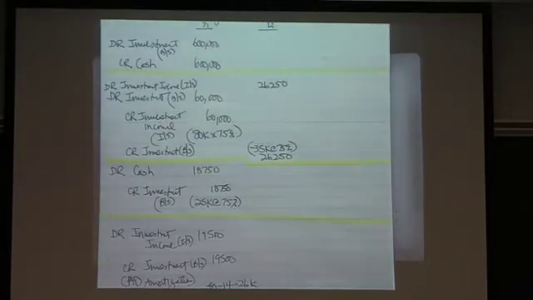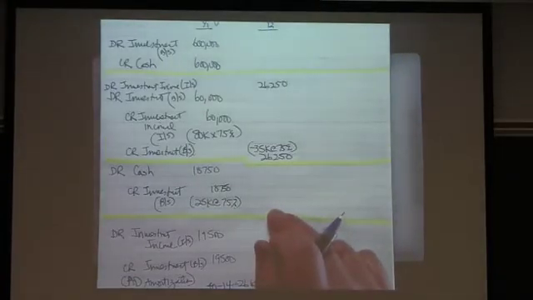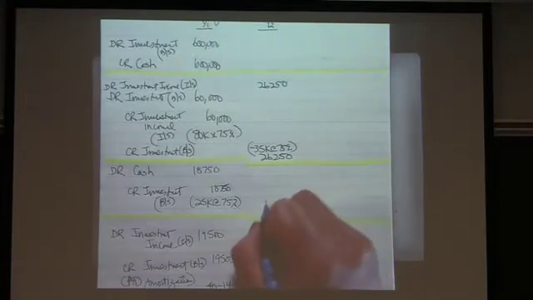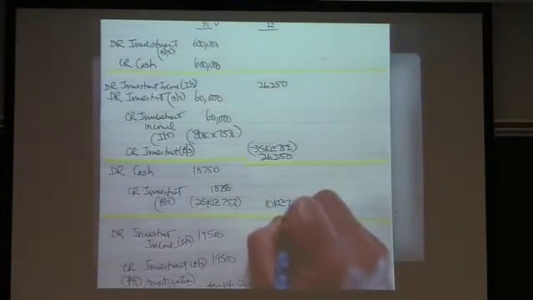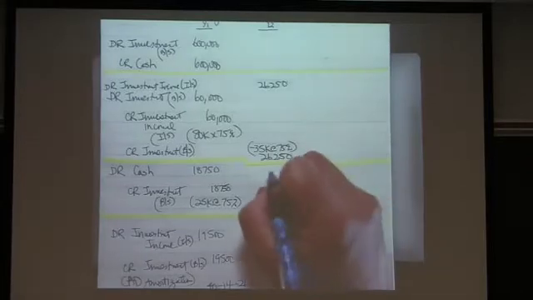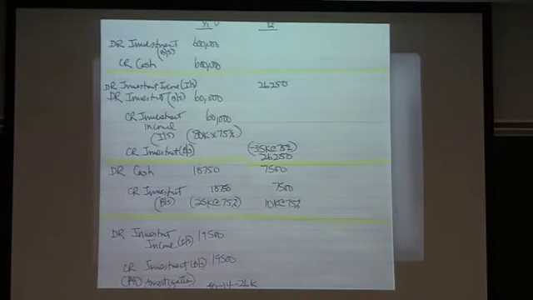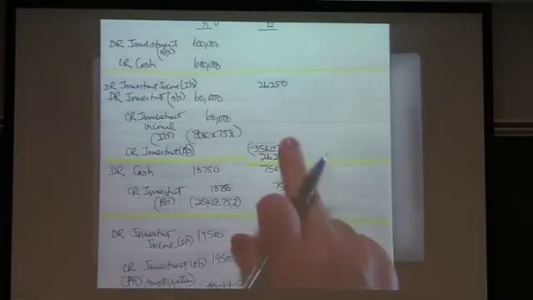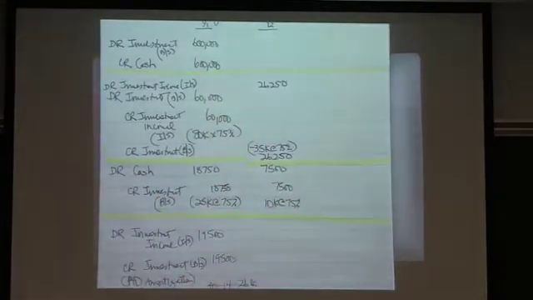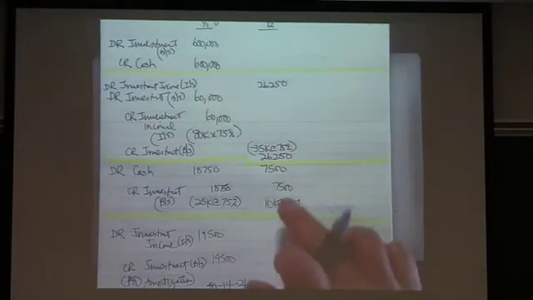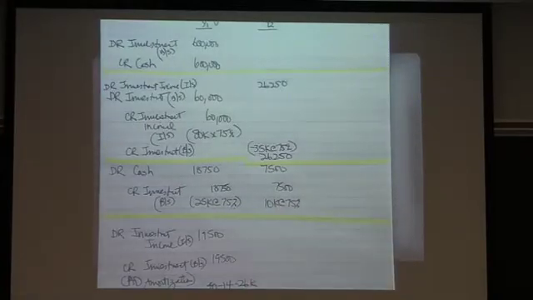And the dividends, how much dividends was declared? It was 10,000, wasn't it? Yeah, 10,000. At 75% was 7,500. Now, it's okay to declare a dividend in the year of a loss because the year-to-date earnings is greater than the amount of dividends that's been declared.